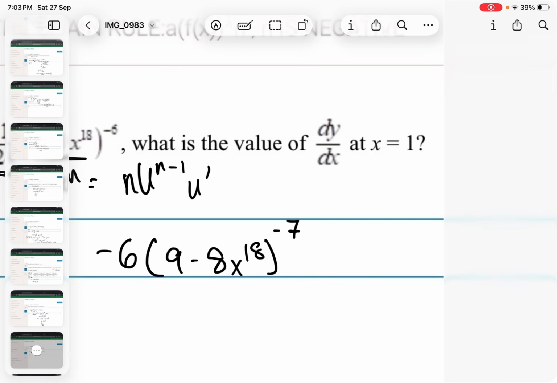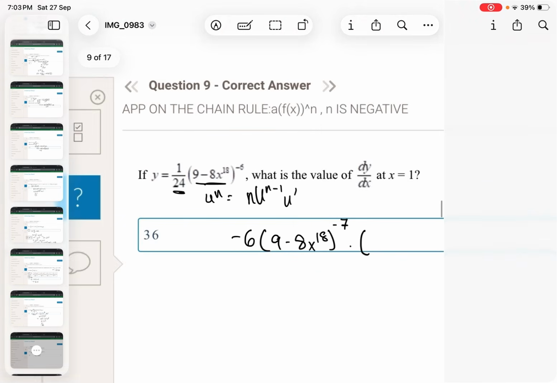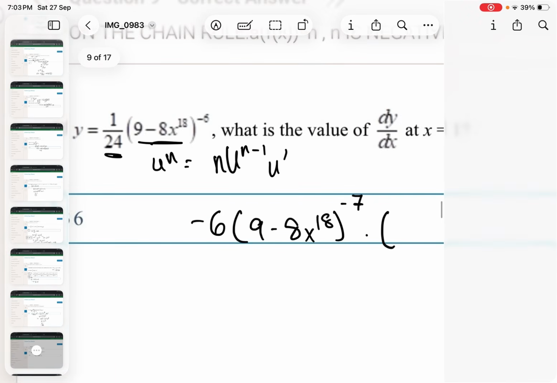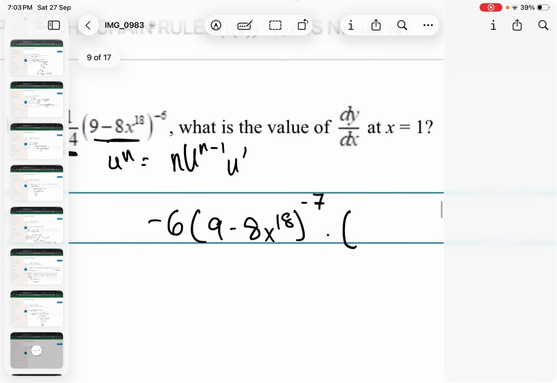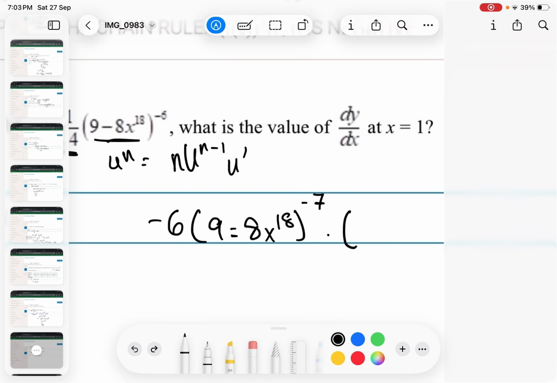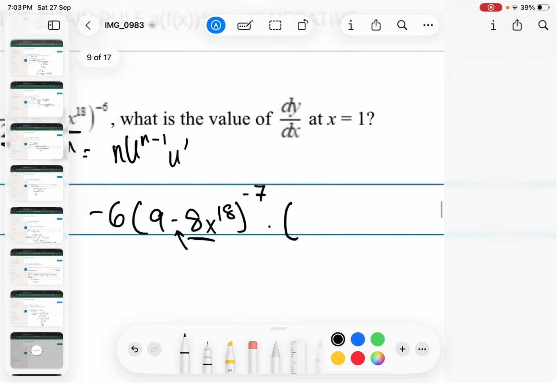And then times the u prime, where the 9 is gone. You always take the negative here, because when you do the prime, the 9 will go and you take the negative with this. So 18 times 8 is 144, so negative 144x to the power of 17.